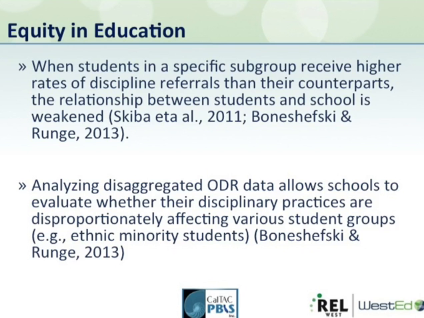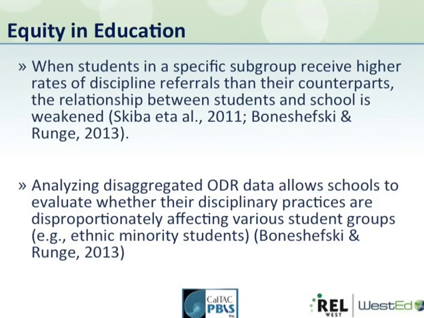So we're really going to be looking at how we can analyze discipline data for disproportionality so that it allows school teams to evaluate and adjust their current systems and practices so that they can provide proper support that might promote success now for all students.